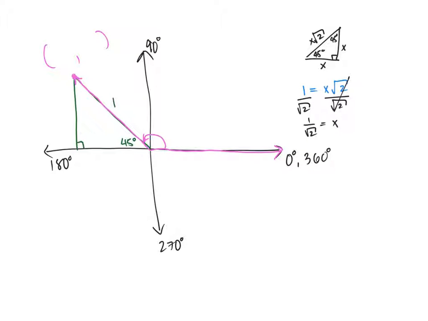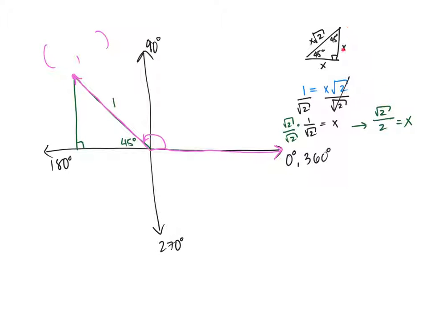In this case, I would multiply the top and bottom by the square root of 2 to get rid of the square root of 2 in the bottom. I would have the square root of 2 in the top, and the bottom would be a 2, and that would equal my x. So square root of 2 times 1 is the square root of 2. Square root of 2 times the square root of 2 is just 2. And so x here is the square root of 2 over 2.